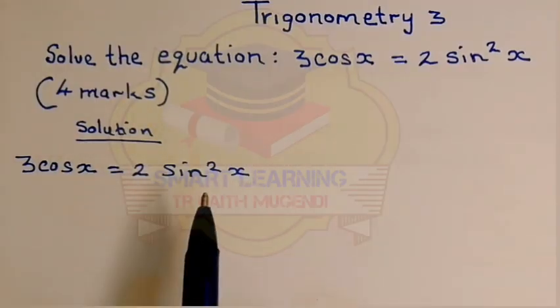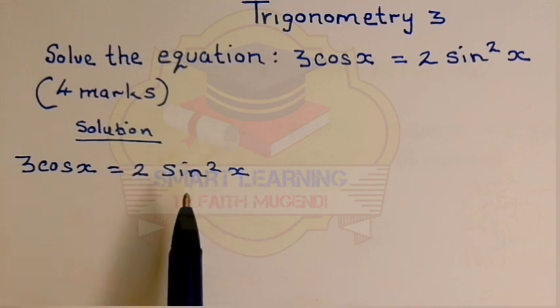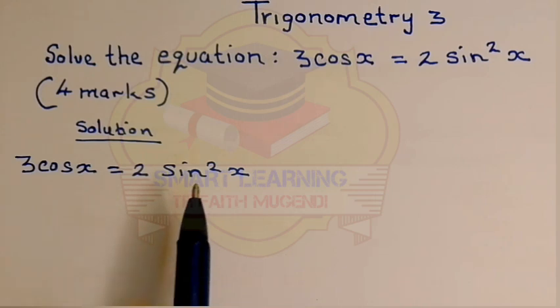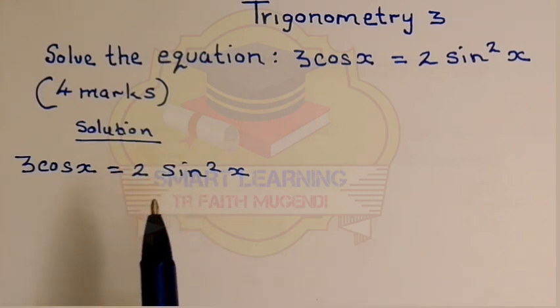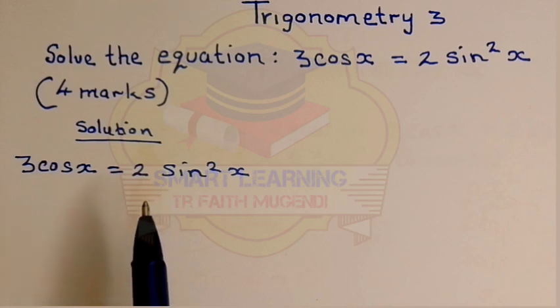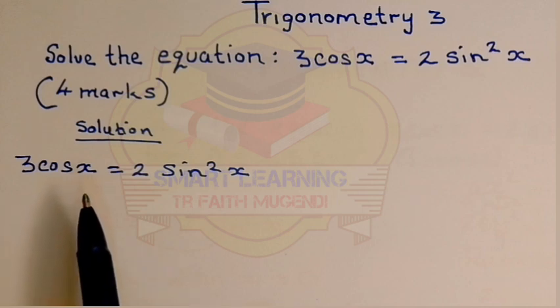For you to solve such a trigonometric problem, especially involving an equation, it is very advisable to work with a single ratio. In this problem, we are dealing with more than one trigonometric relation.